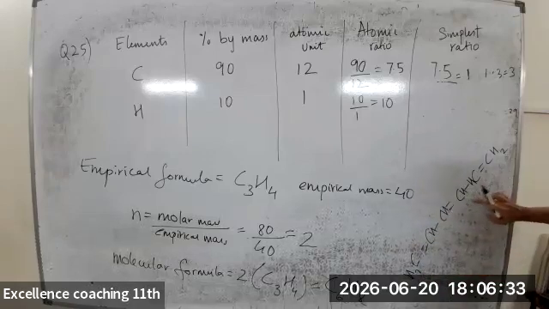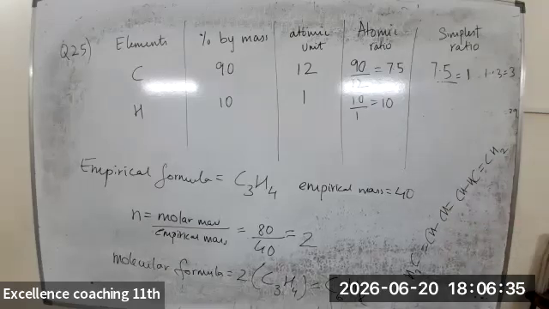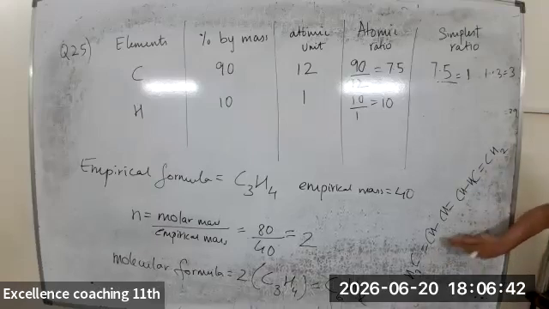One, 4, 5, 6, 7, 8. Okay, so it will be somewhat like this compound. So basically, yeah, 3 double bonds, and then you can balance the remaining hydrogen.